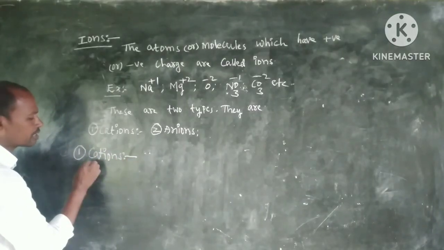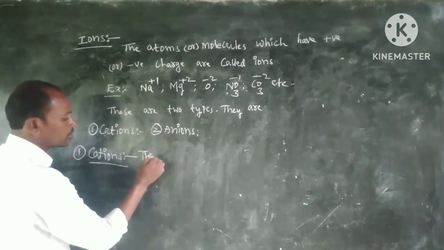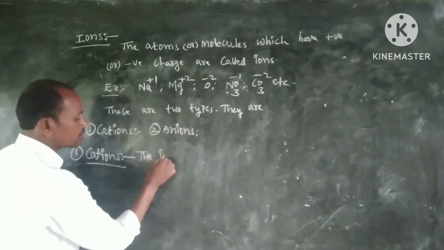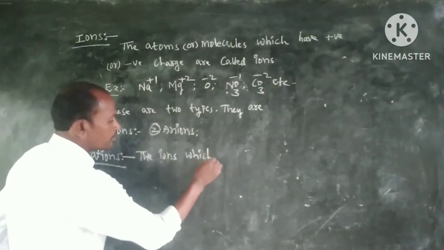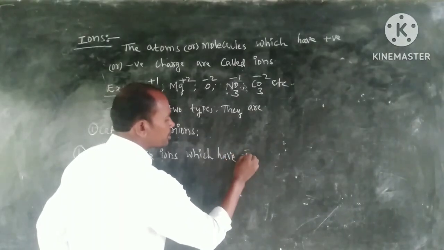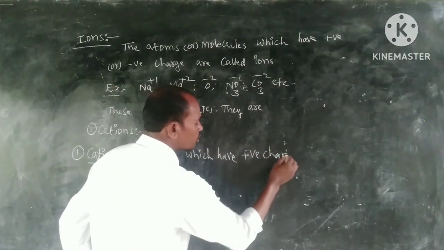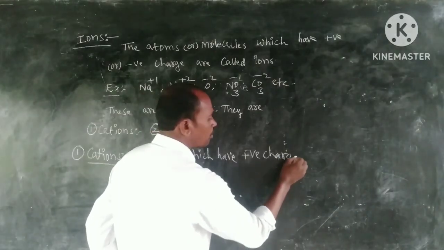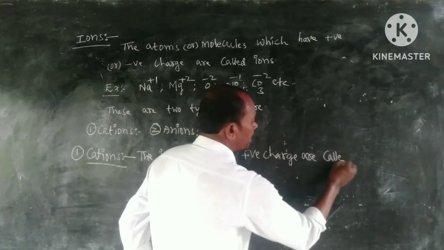Cations means the ions which have a positive charge. The ions which are positively charged are called cations.